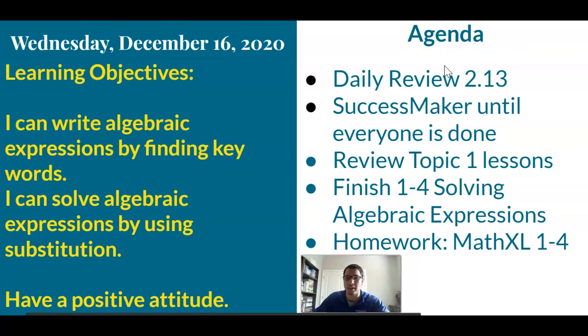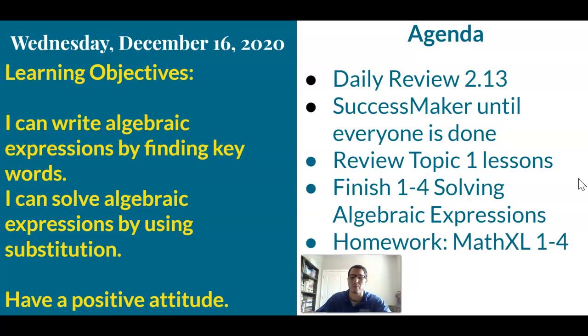Our agenda is to complete daily review to point 13. After you've finished that, you should have worked on Success Maker until everyone's done. Then in this lesson, we're going to review some of our topic 1 lessons. So we're going to review exponents. We're going to review solving numerical expressions using GEMDAS or PEMDAS.